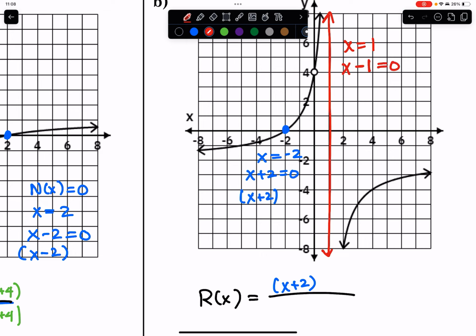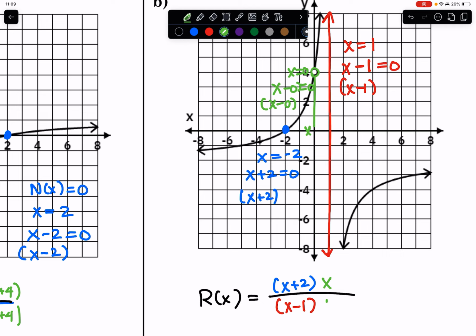And to find the hole, well, our hole is the result of having a common factor in the numerator and the denominator. And we see that this hole is located at x equal to 0. That's the x coordinate of this hole. So x equal to 0 means that x minus 0 would have to be set equal to 0, and our factor would be x minus 0, which is just x.